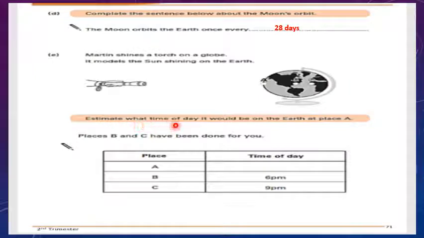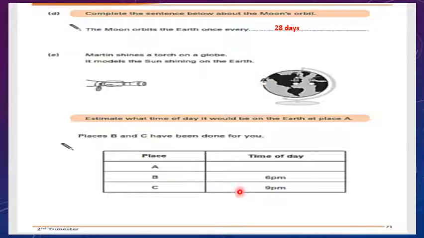Estimate what time of day it would be on the earth at place A. I want you to pay attention to how he is shining the torch. He is shining the torch directly at point A. So it's like the sun is right above this area, or high up in the sky in this area.